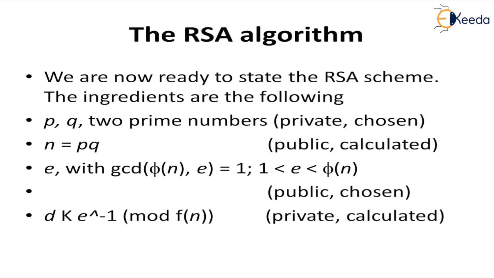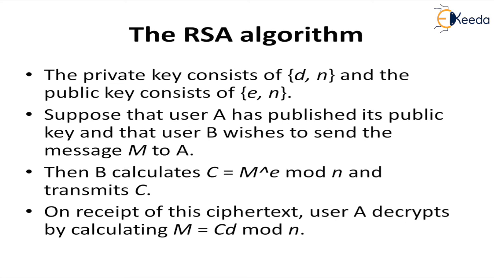E, with GCD of phi of n and E equal to 1, where E varies between 1 and phi of n, is public and chosen. D is E raised to minus 1 mod phi of n, which is private and calculated. So these are the ingredients for this particular algorithm. The private key consists of {D, n} and the public key consists of {E, n}.